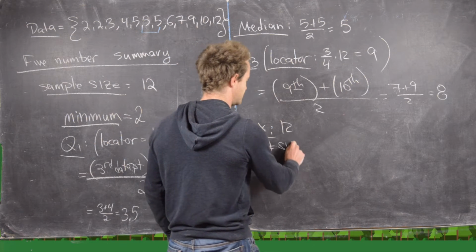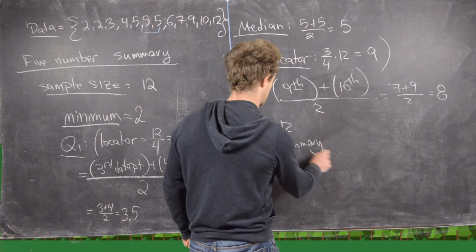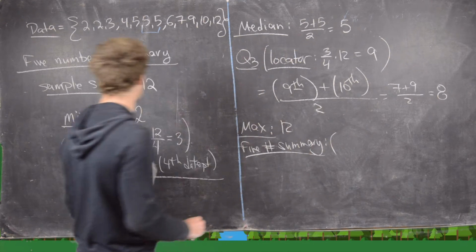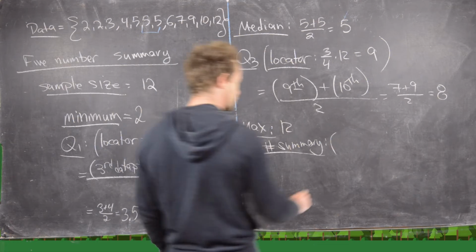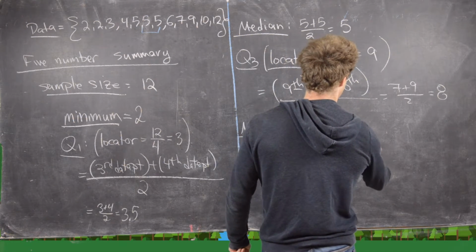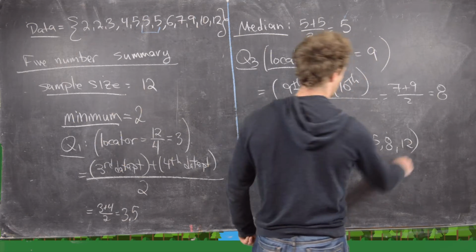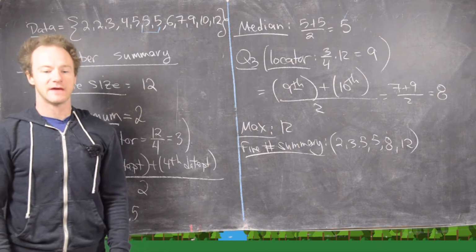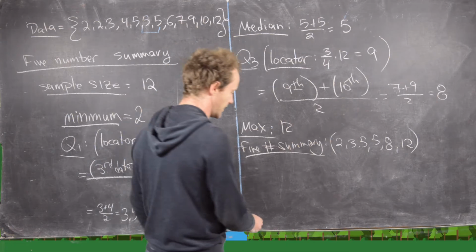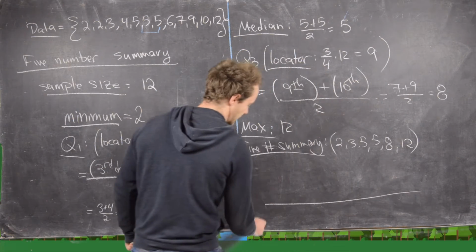Okay, so that means our 5-number summary will be given by these 5 numbers. So we have 2, 3.5, 5, 8, and 12. Okay, and now we can make something called a box plot with that, and we do that in the following way.